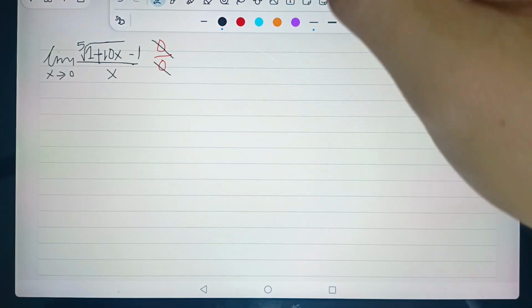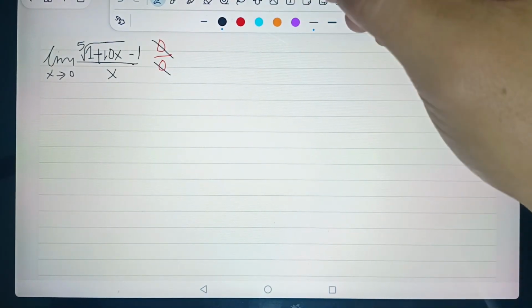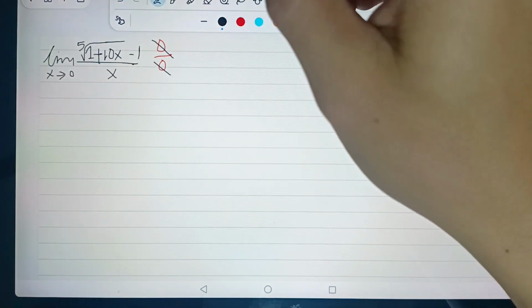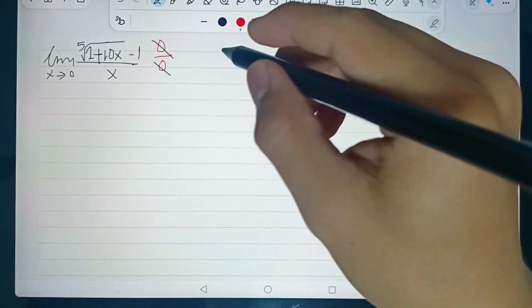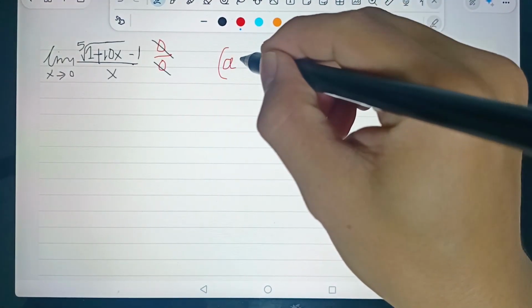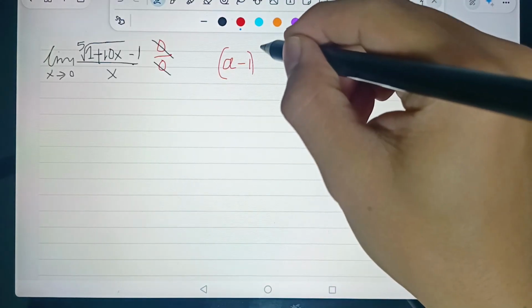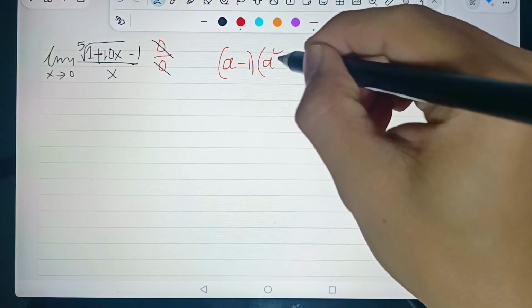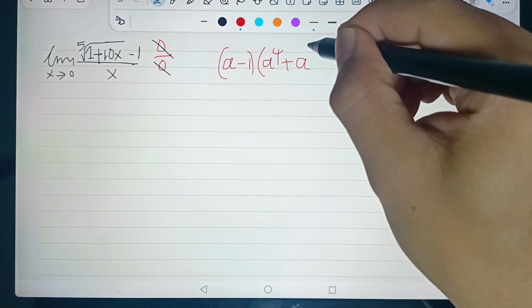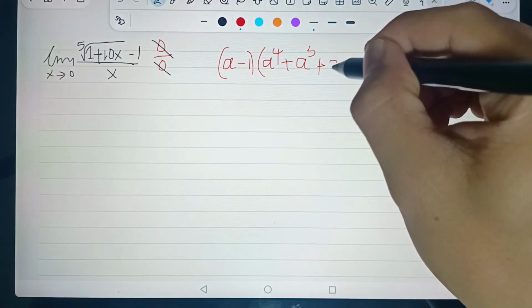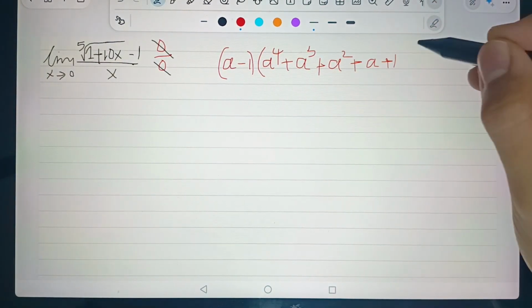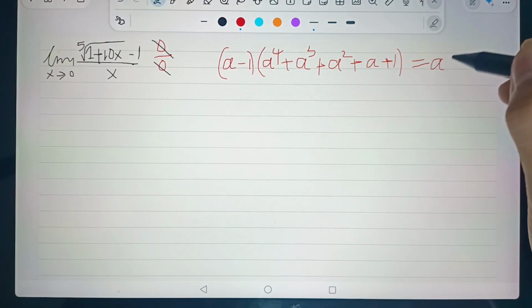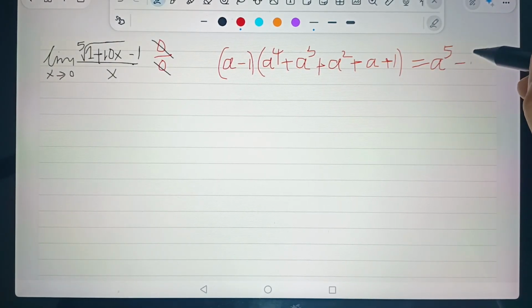So in order to remove the fifth root, we need to use this formula. We know that (a minus 1) times (a to the power 4 plus a to the power 3 plus a squared plus a plus 1) is equal to a to the power 5 minus 1.